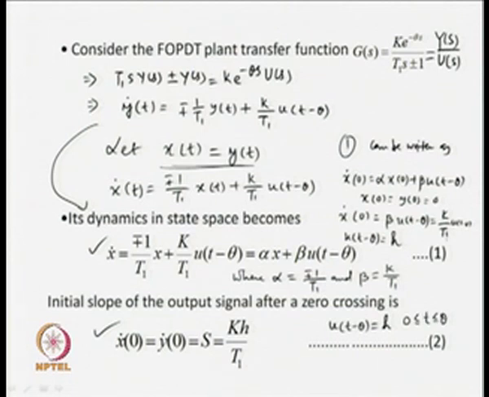Therefore, x dot 0 will be equal to k h upon t 1. That is what is given in equation number 2. So, the slope of the output signal at the zero crossing is given as s is equal to k h upon t 1. What type of output and input signal we get?